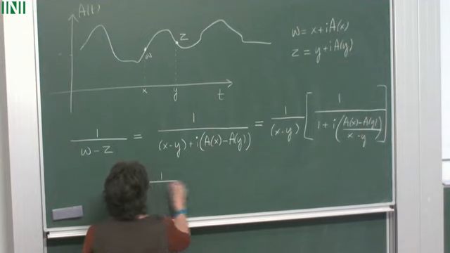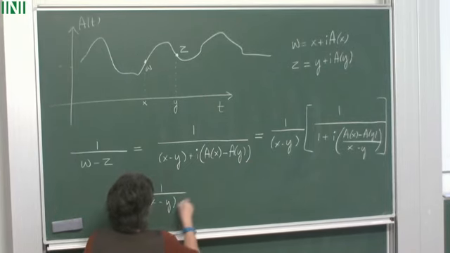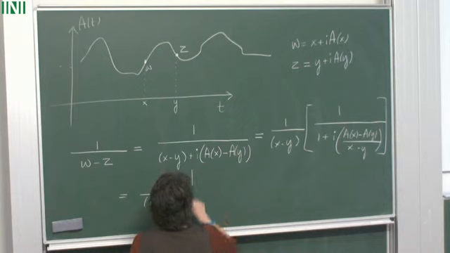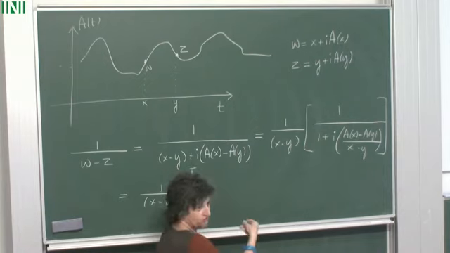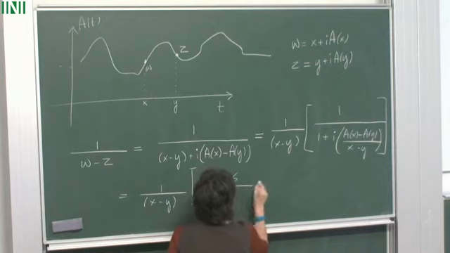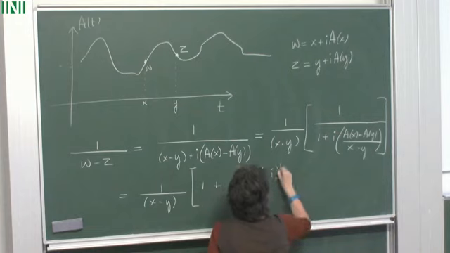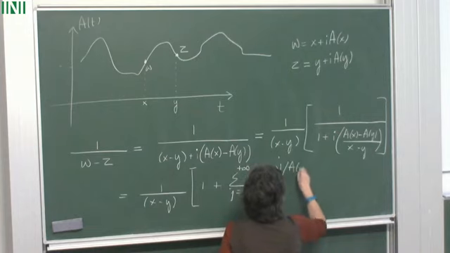So I have 1 over x minus y, and now I have the summation for j from 0 to infinity, but I'm going to pull out j equal to 0. And then I have j from 1 to infinity. And then this.